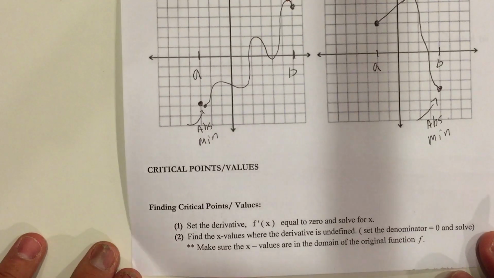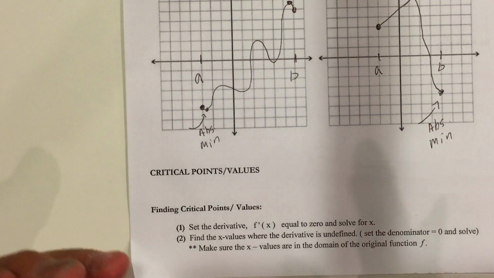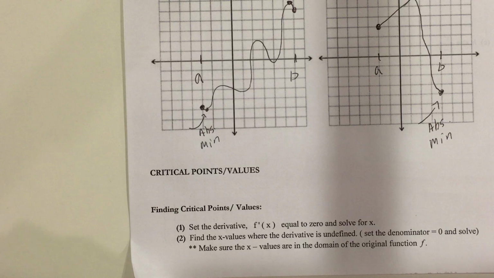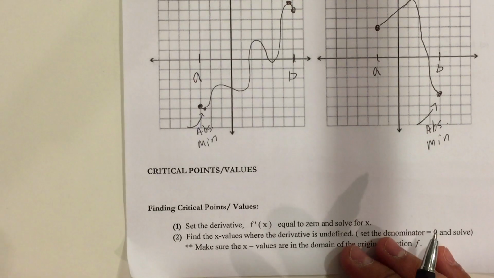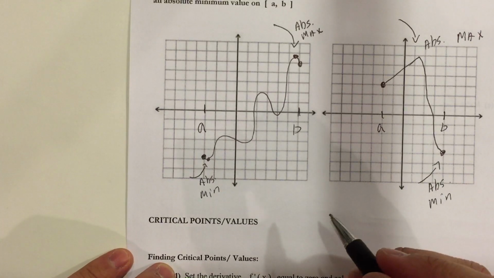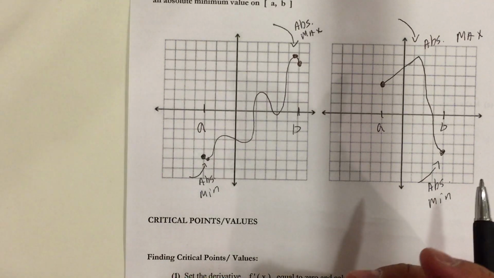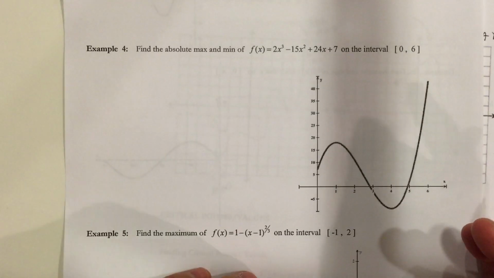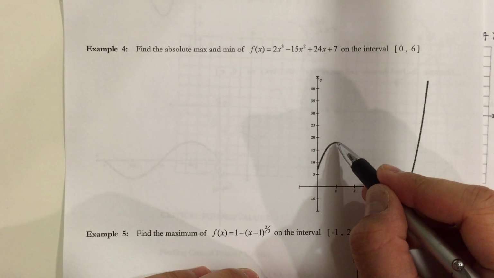Awesome. Now, what are critical points? Well, the easiest way for me to define critical points, to help you understand critical points, is the points where the function makes a turn. Okay? So, in this example right here, guys, this point right here would be a critical point.